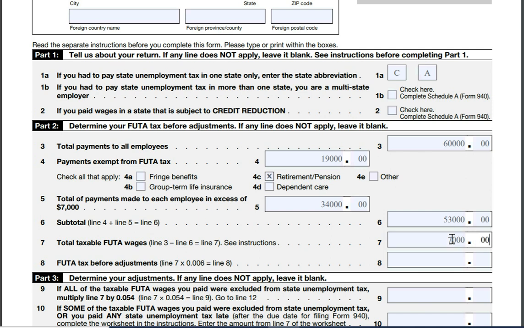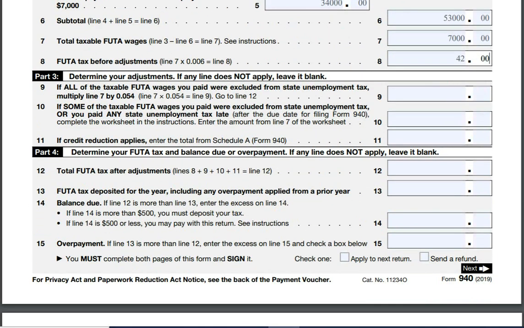The balance is $7,000, and then we multiply $7,000 by this number, 0.006, and it ends up $42. In our case, there is nothing for line 3. There are no adjustments. So line 12 becomes $42.